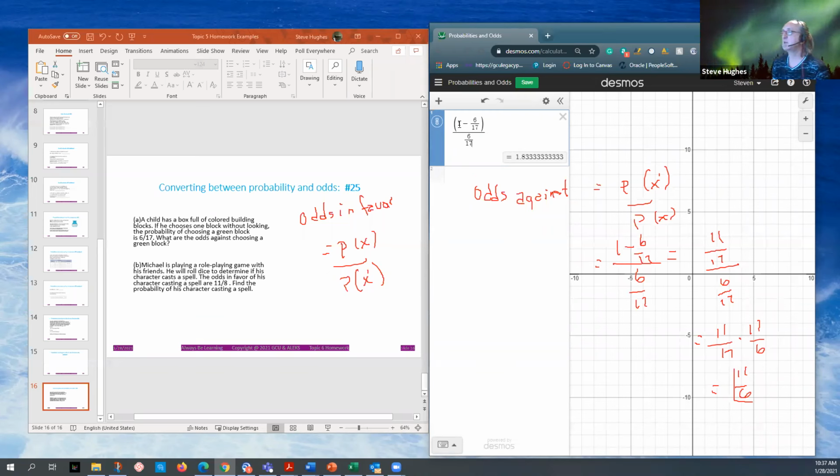I'm taking the probability that it will not happen, in other words, the probability of the complement, divided by the probability that it will happen. I want this as a fraction. Click it as a fraction, and there it is, 11/6. So let's save this. The first answer is 11/6. That's the answer to the first one.